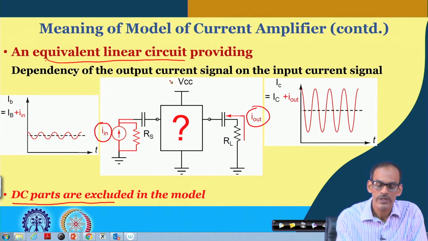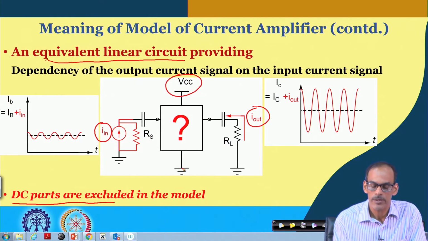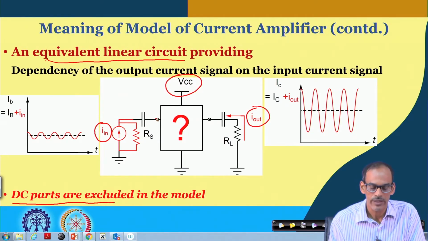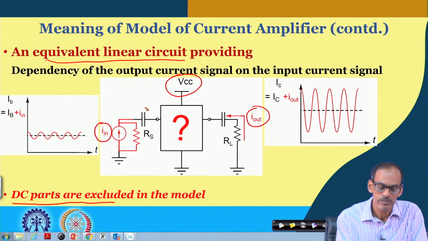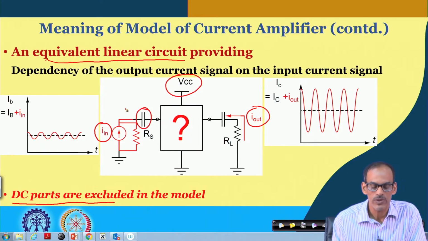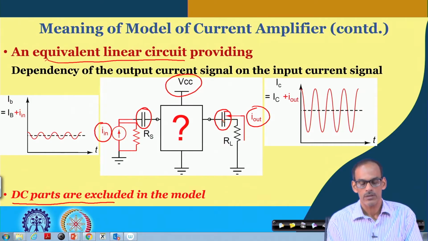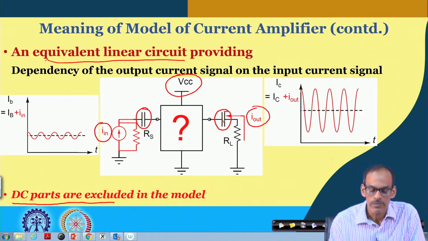To avoid the DC current, we are feeding the signal only through a coupling capacitor. Likewise, while extracting the signal, we put a DC blocking capacitor at the output port. So, we are assuming that these arrangements are there.